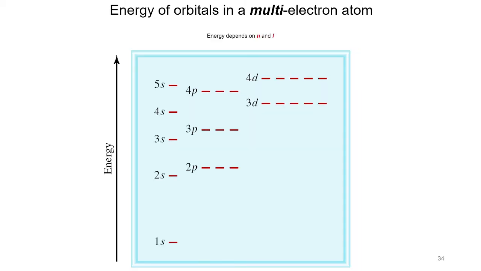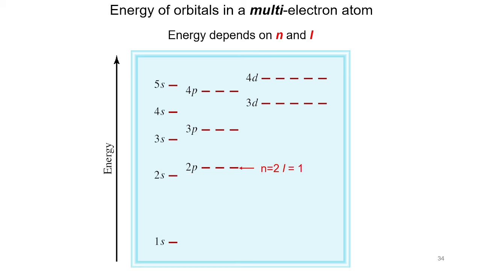For n equal to 2, we can have two more energy levels. We have n equal to 2 and L equal to 0, and since our L can be 0 or 1, we have another energy level which is n equal to 2 and L equal to 1.